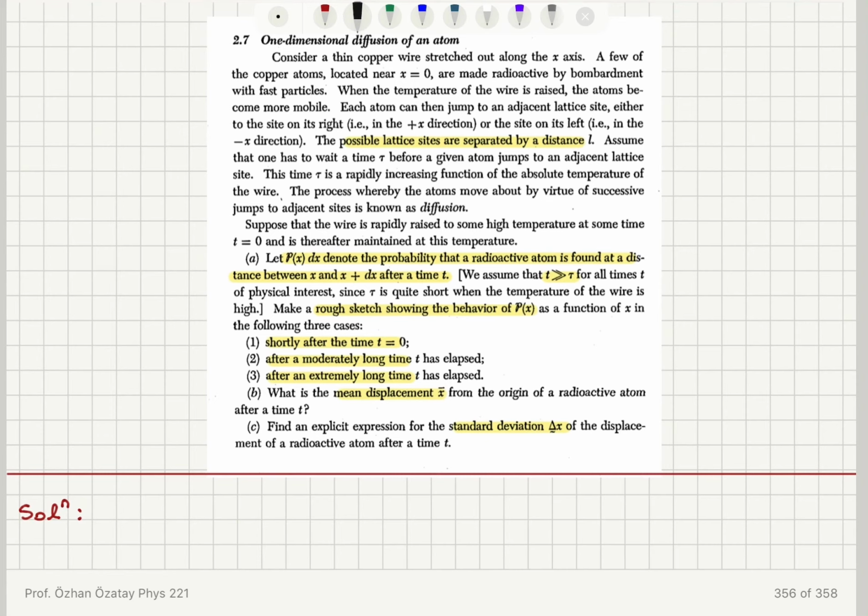An atom can jump either to the right hand side or to the left hand side.